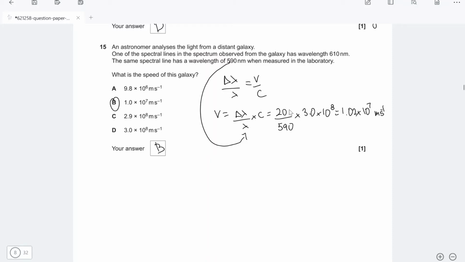Of course, you can write times 10 to the power of minus 9 divided by 10 to the power of minus 9, but they will just cancel out, and we're trying to solve the multiple choice questions as fast as possible, but not too fast as well, so that we can move on to the other questions. Plugging into a calculator, we're going to get 1.02 times 10 to the power of 7 meters per second, and the correct answer being B.